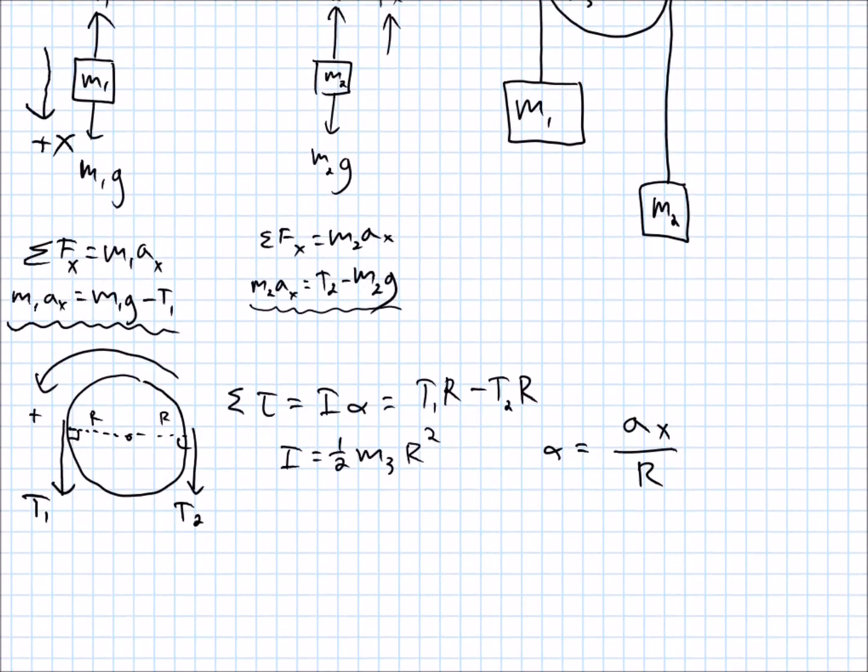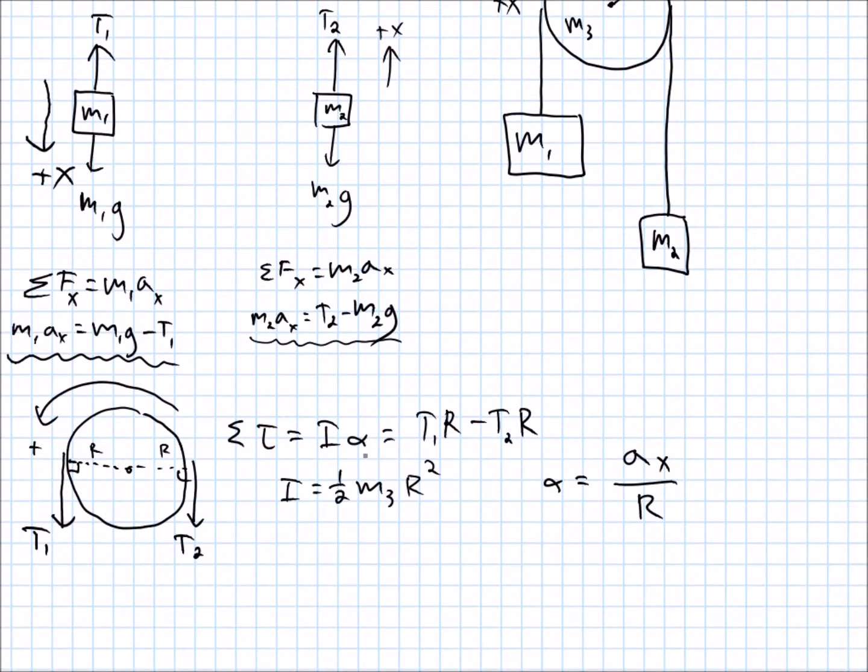All right, so let's plug the I and the alpha in here. I'm getting 1/2 m3 r squared for I times ax over r for alpha is going to be equal to t1r minus t2r.